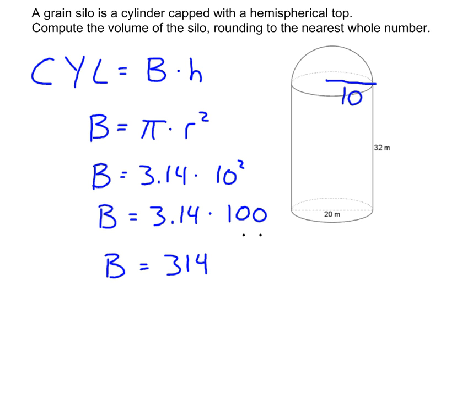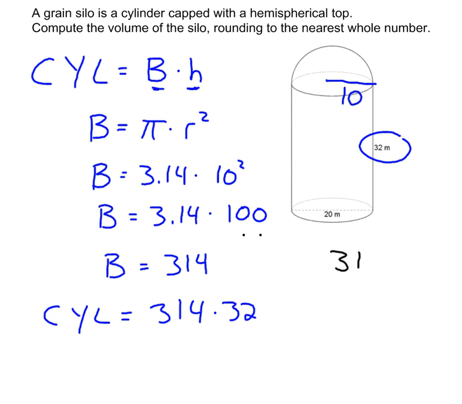Now that we know what the base is, we need to multiply it times the height. The formula was base times height. So the cylinder will be 314 times the height, which in this case is 32. Let's go and do this multiplication. 314 times 32.